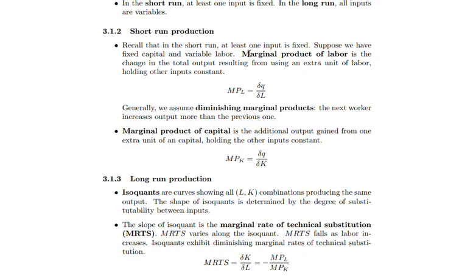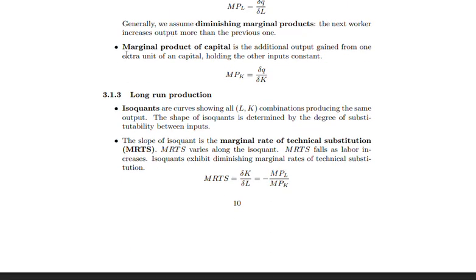Just like diminishing marginal cost, the marginal product of labor is also diminishing, because as you hire more labor, each worker's productivity shrinks with respect to your total output. The marginal product of capital is the same thing.